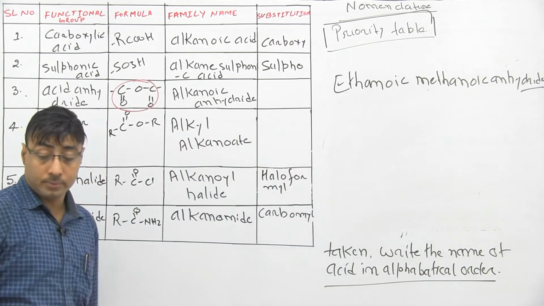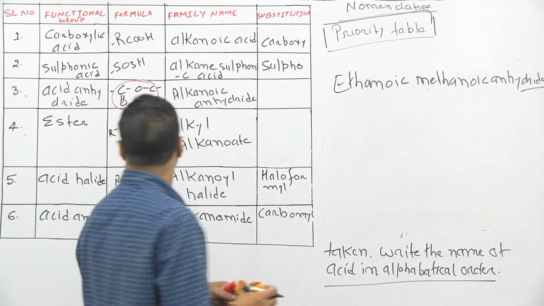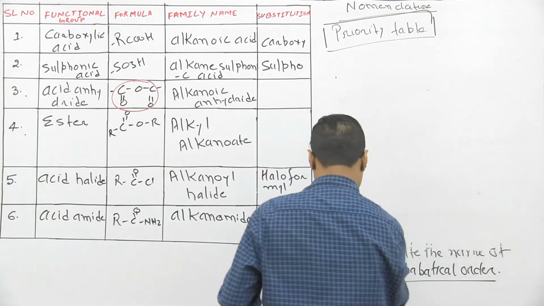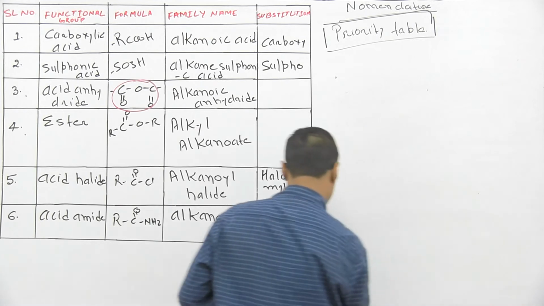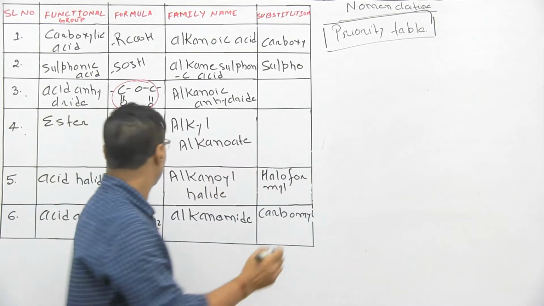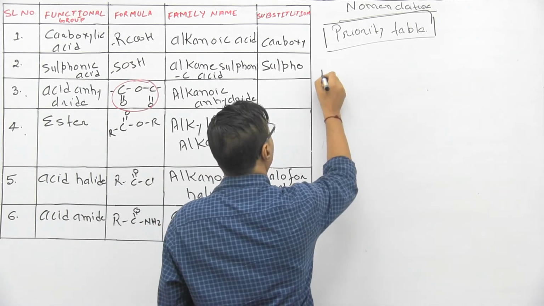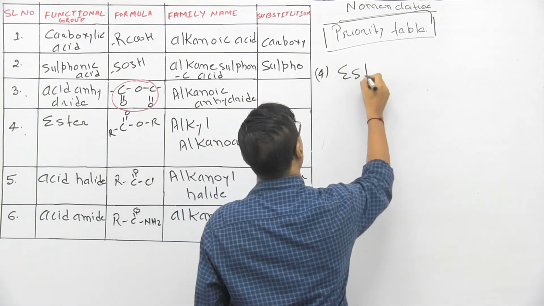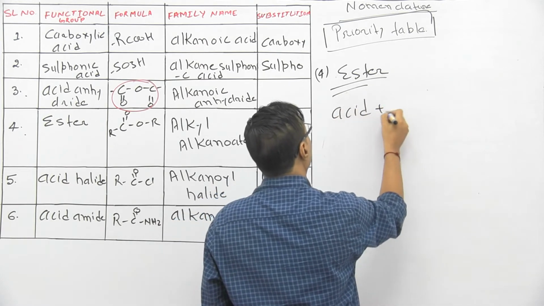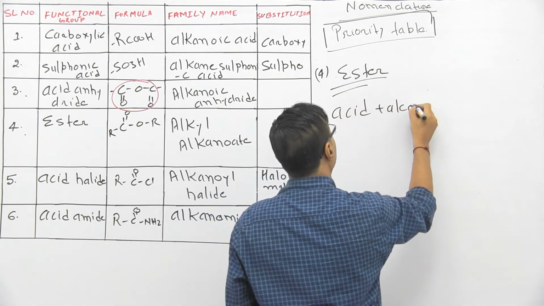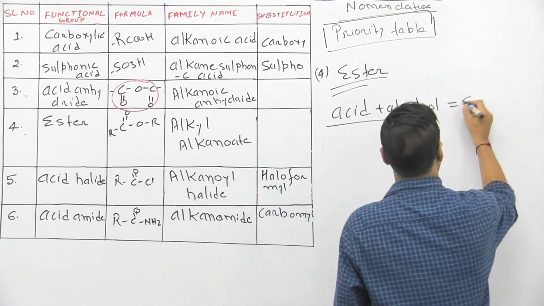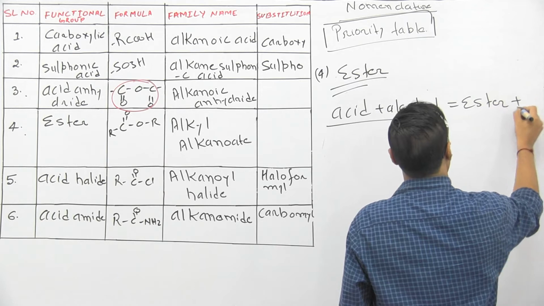Now come to ester. Point number 4. Ester means acid plus alcohol. Acid plus alcohol gives ester plus water.